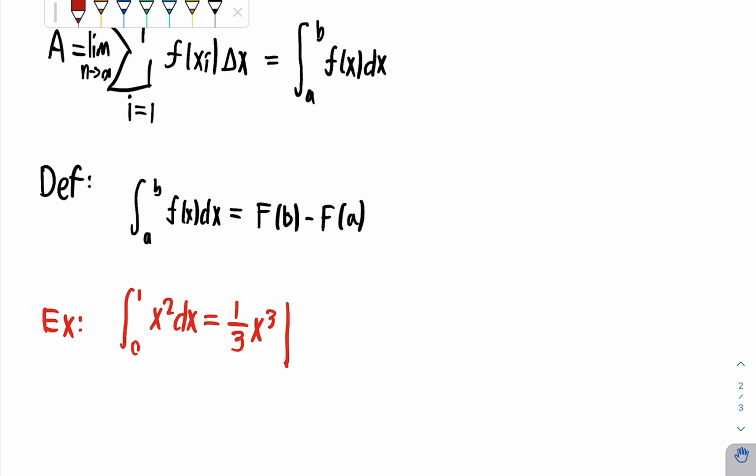We evaluate between 0 and 1. We can neglect the 0 term because that's going to be 0 anyways. If we plug in 1, we get 1/3. So the area under x squared between 0 and 1 is 1/3.